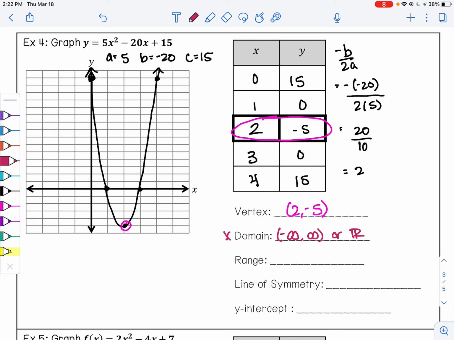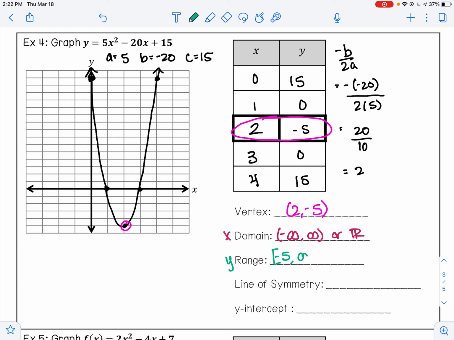Our range is our y values from the bottom of the graph to the top of the graph. The bottom of my graph is my vertex, and that's where y is negative 5. The top of my graph, well, this is going up forever, so that's going to infinity. So my range is from negative 5 to infinity. Or we could say y is greater than or equal to negative 5.